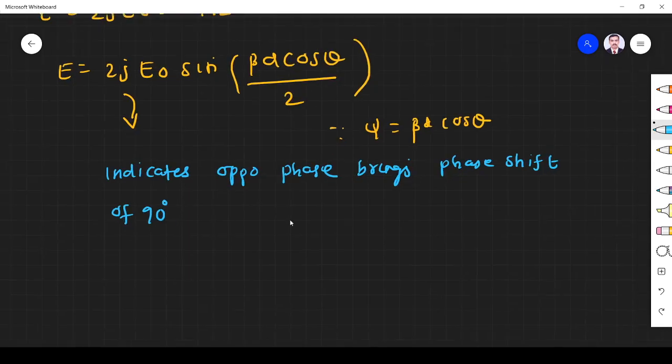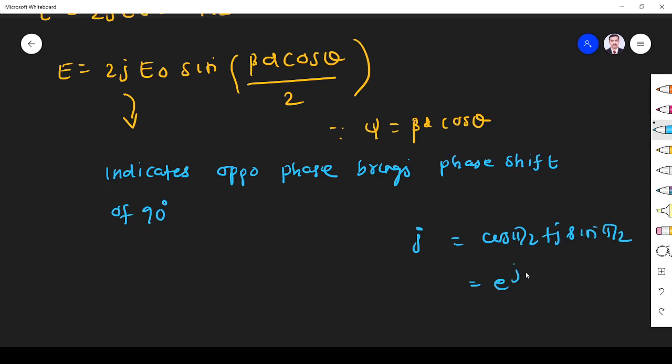Why? How does j bring a phase shift of 90 degrees? When you get j, it is nothing but cos pi by 2 plus j sin pi by 2, that is cos pi by 2 equal to 0 plus j sin pi by 2 equal to 1.